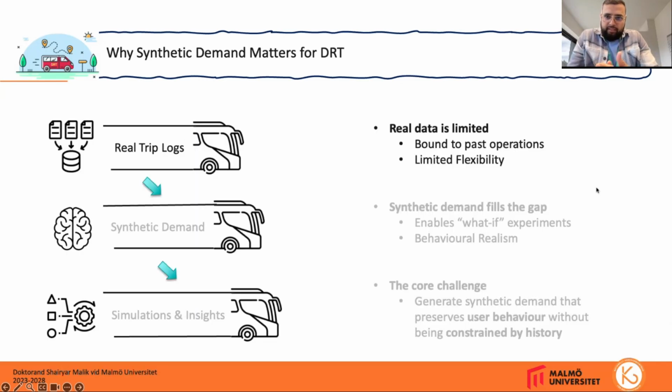Let's start with what kind of data we usually have. That is the real trip logs from past DRT operations. These contain valuable information about requests, pickup times, and origin-destination pairs. But the problem is that they are bound to past operating conditions: the same fleet size, the same booking rules, and fixed service hours.